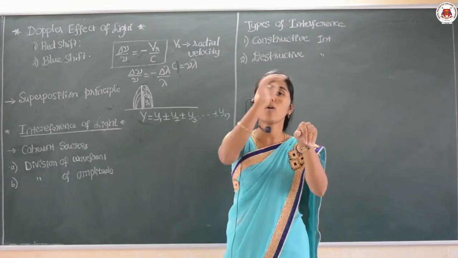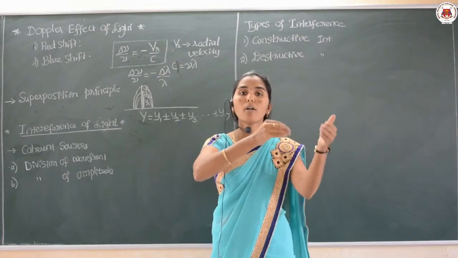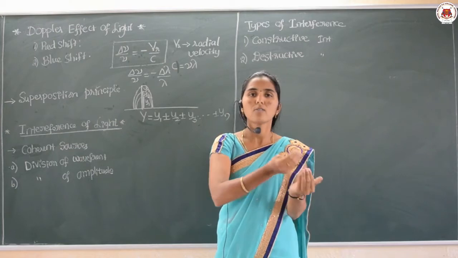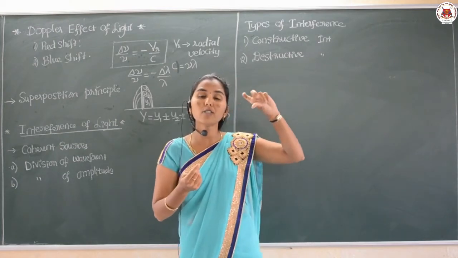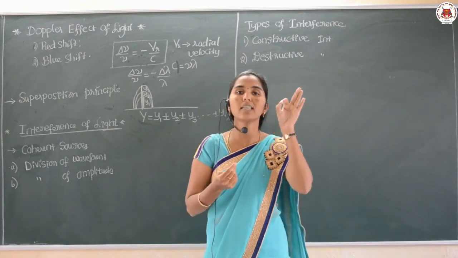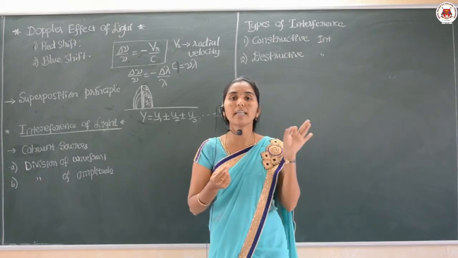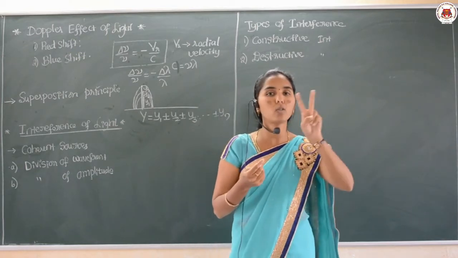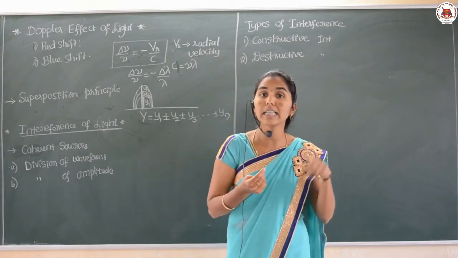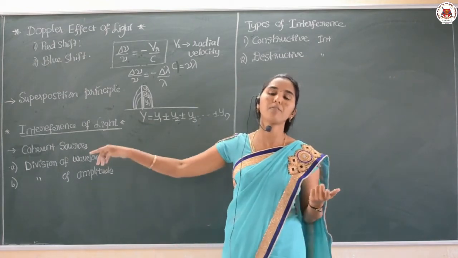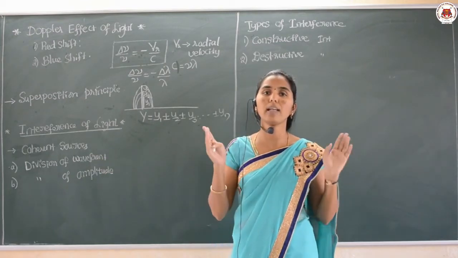Sometimes crest may fall on crest, or crest may fall on trough, or trough may fall on trough. In such a condition, what happens? There is a redistribution of the intensity of light. The redistribution of the intensity of light, when two or more light waves superimpose each other in the same direction, is called the interference of light.